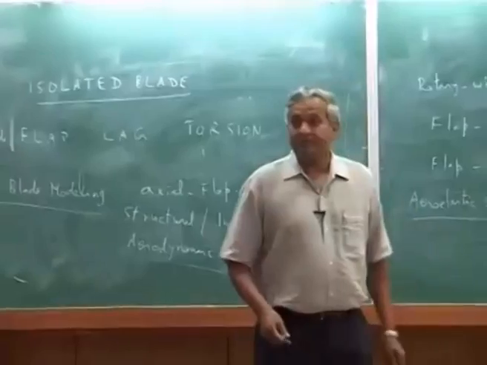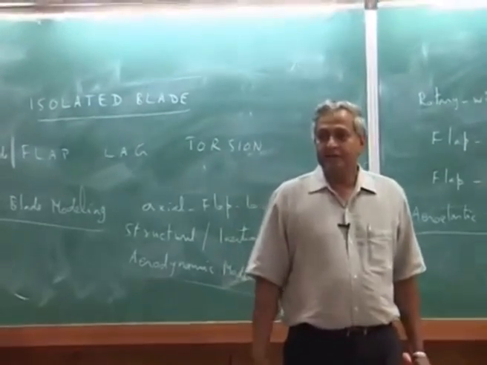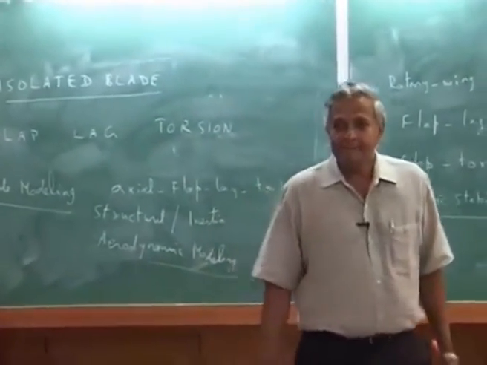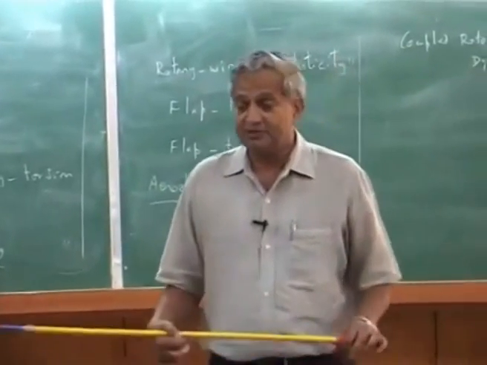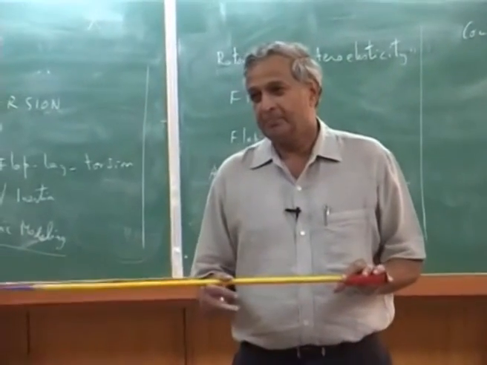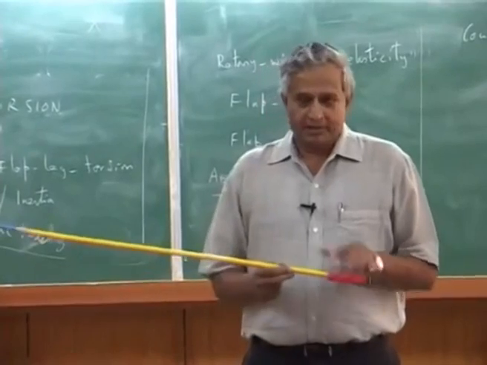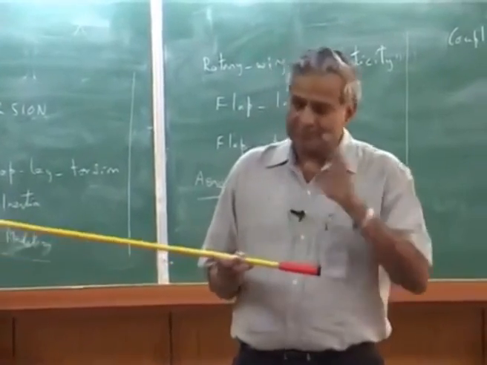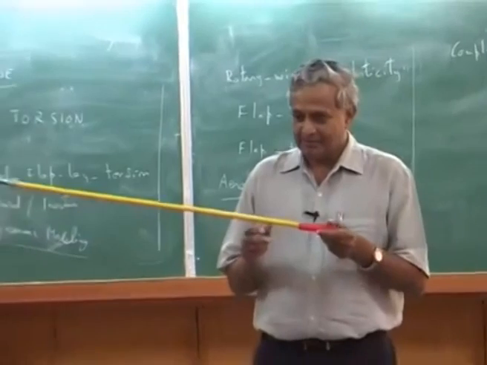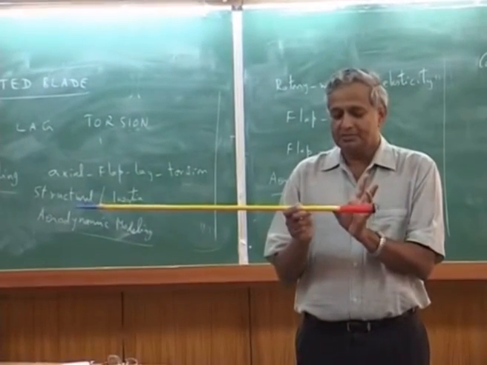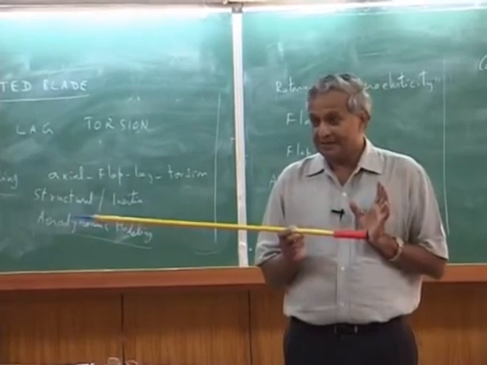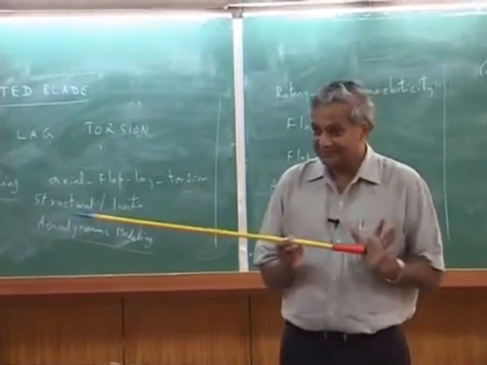Only these two. Yes. How do they measure this flap motion in this experiment? Experimental measurement of flap motion, what exactly were you asking? Flap response. Okay. In flight test, they usually have some strain gauges at the root of the blade.